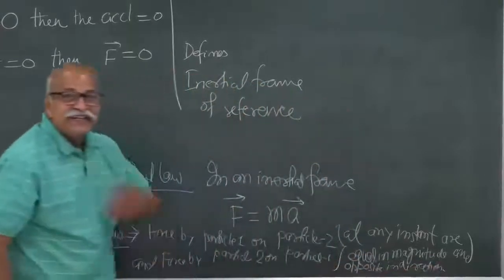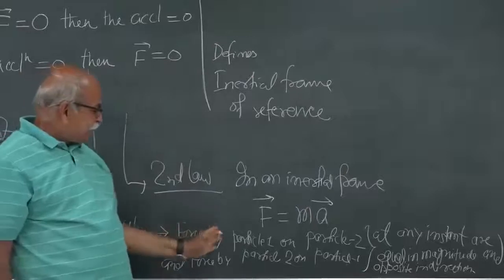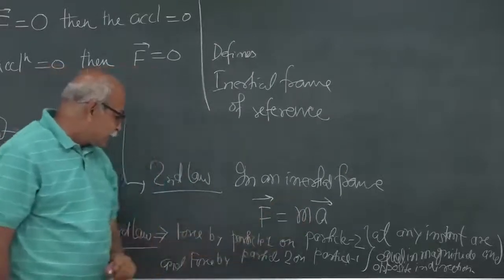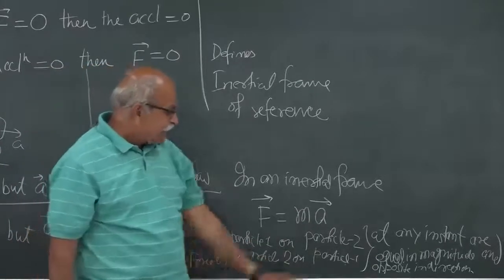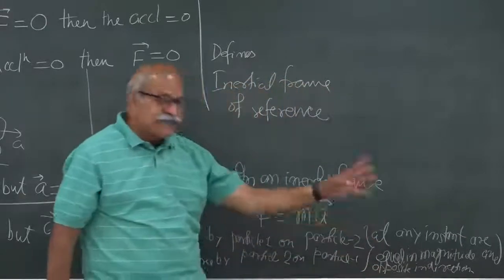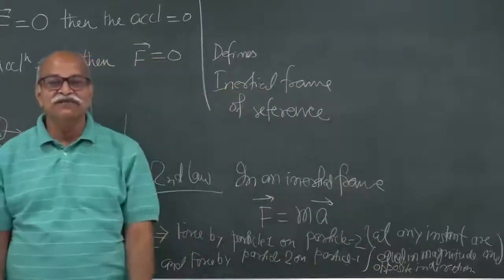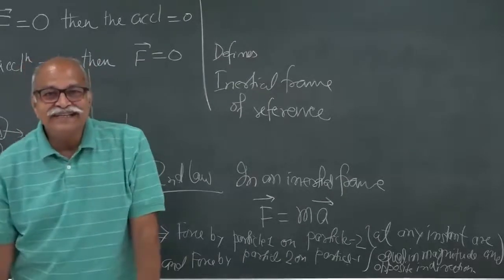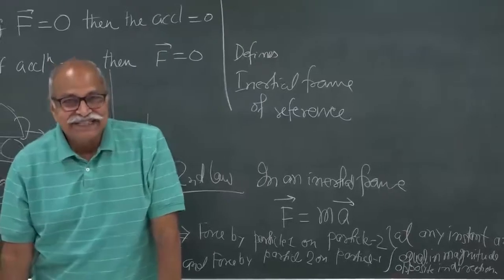I have written a long statement of Newton's third law. Force by particle 1 on particle 2 and force by particle 2 on particle 1 at any instant are equal in magnitude and opposite in direction. Whereas the most popular version of Newton's third law is that action and reaction are equal and opposite.